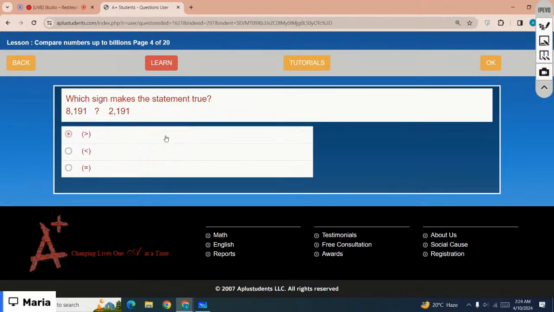That is the sign for greater. 8,191 is greater than 2,191, right? Greater it is.